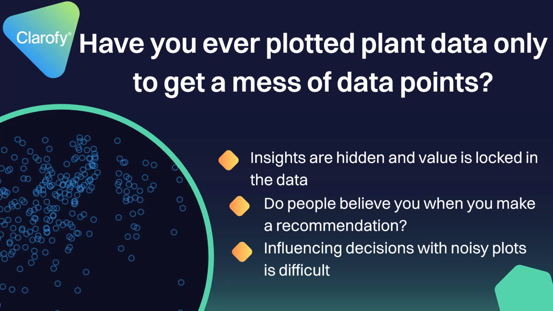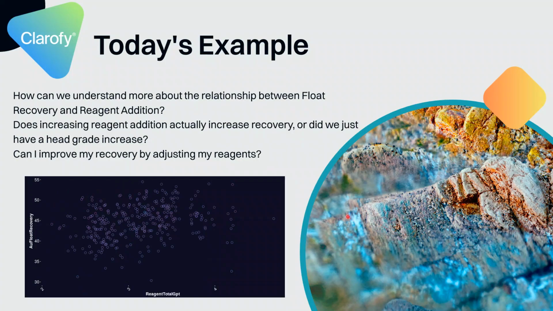So what we're going to do today is talk about a real example where we came across this very issue. As I said before, it's a copper gold plant. The issue at hand was that the Met team were trying to reduce costs and were focusing on reagent costs.